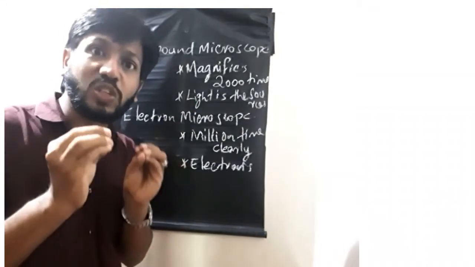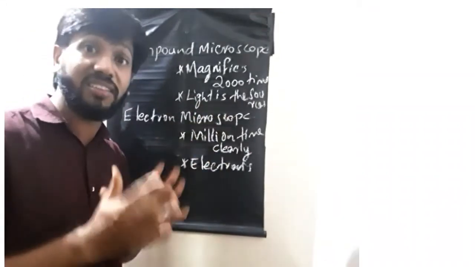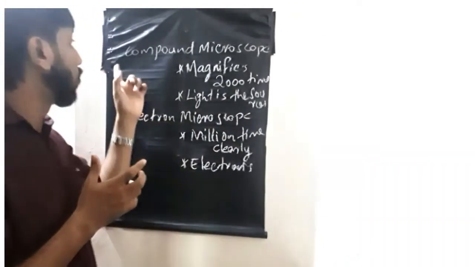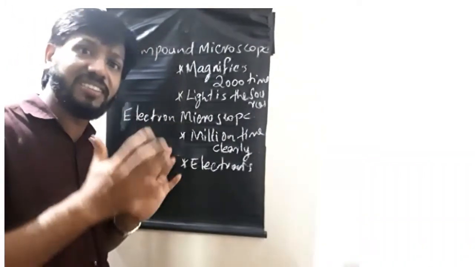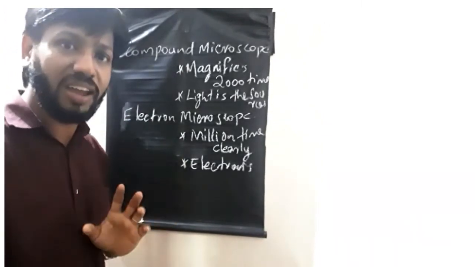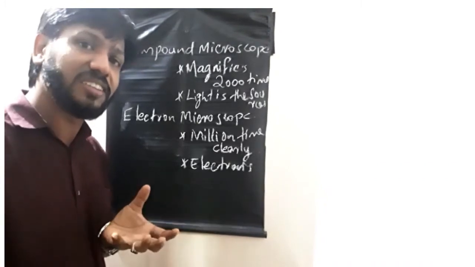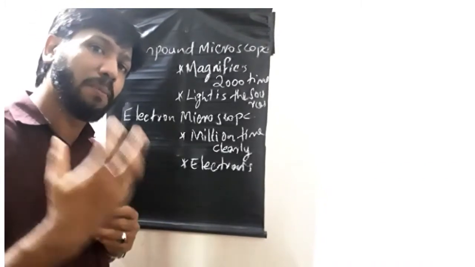Here, which is the source? Here we are using a light source. Light is the source of compound microscope. By using light, you can see the adjustment. The condenser, and just below it you can see the structure of the mirror.